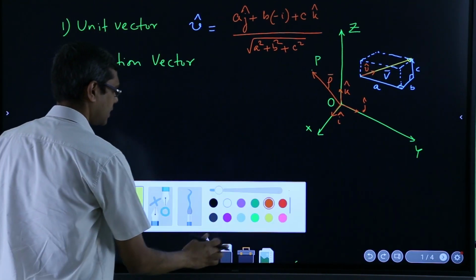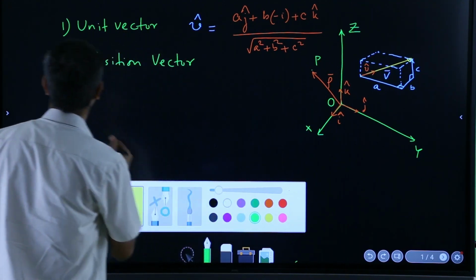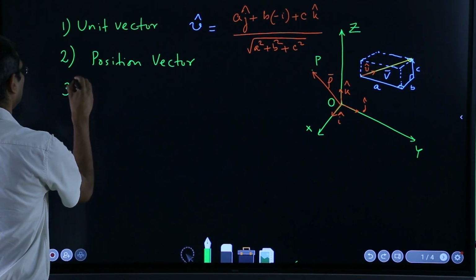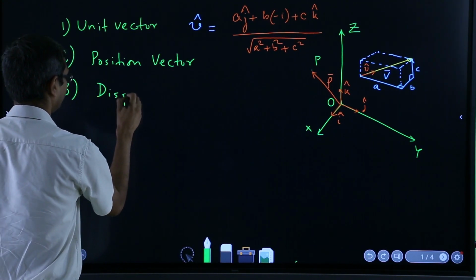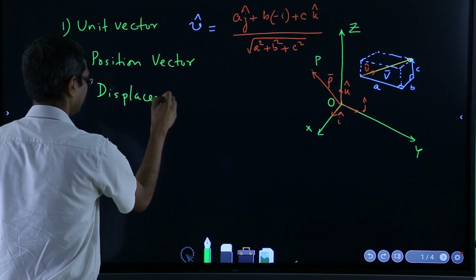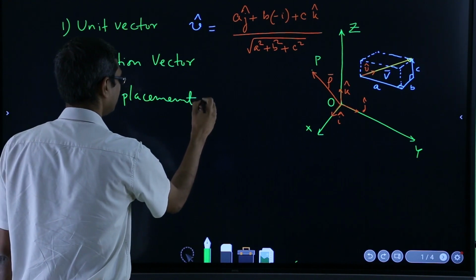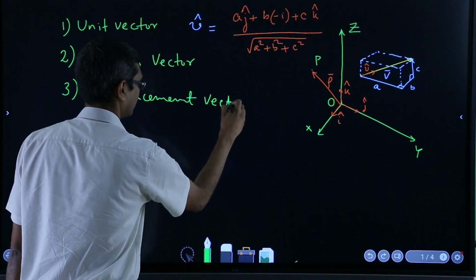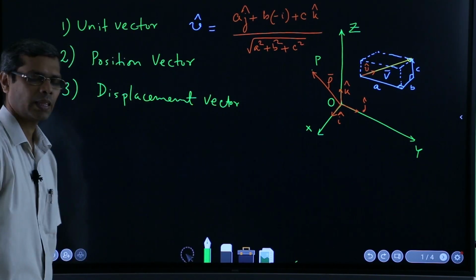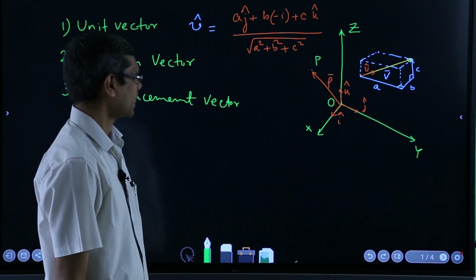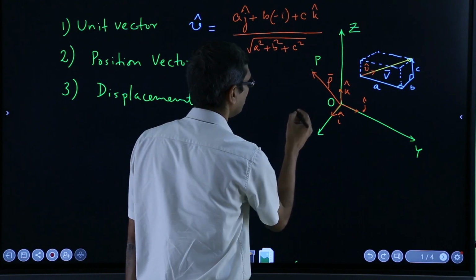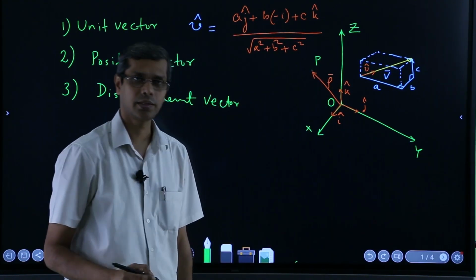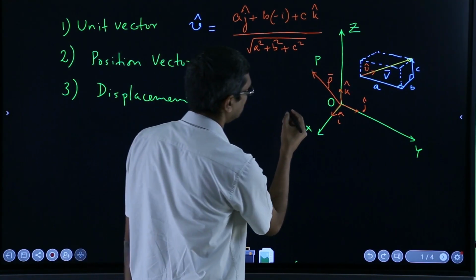And then the third that comes in our list is the displacement vector. Now, a displacement vector is a vector that is pointed from one point to the other in the space of consideration.